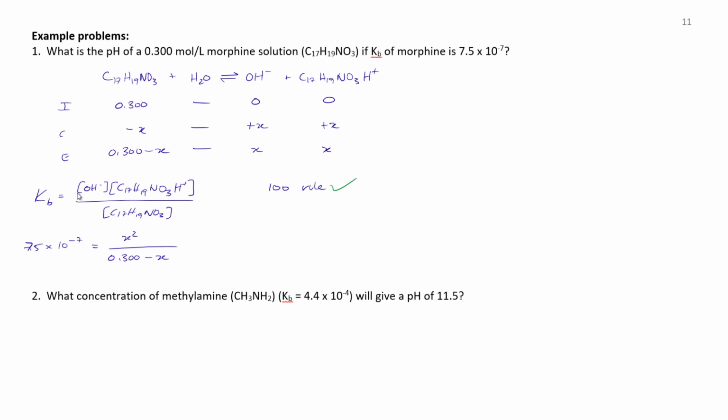I can just assume, and I'll write what I'm going to assume, that 0.300 minus X is approximately equal to 0.300, because this X value will be exceedingly small and will not affect 0.300 when we subtract it. Therefore, 7.5 times 10 to the negative 7 is basically just equal to X squared over 0.3.